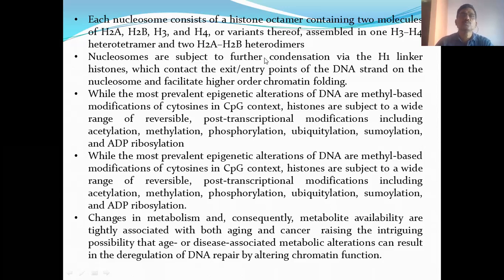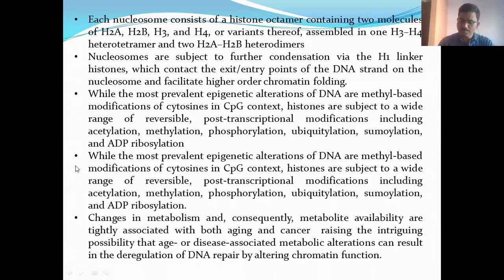Nucleosomes are subjected to further condensation. Nucleosomes again go into condensation. Condensation means close association with each other, through the H1 linker, and that takes place by means of the linker DNA, which contains the H1.